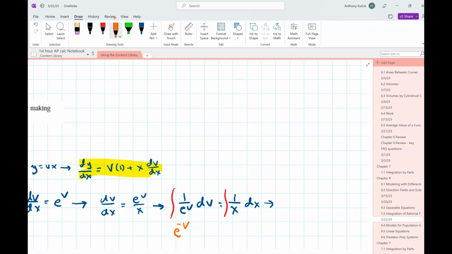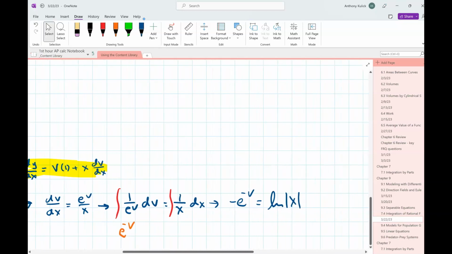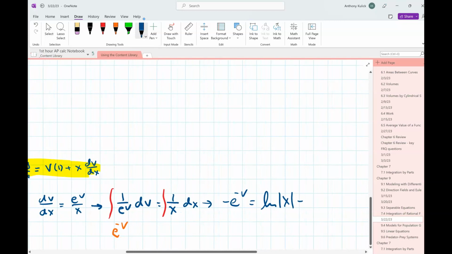So the antiderivative of that is just going to be negative e to the negative v. We can do that. Sure. Yeah, why not? And then we have natural log of x, or absolute value x, plus c.